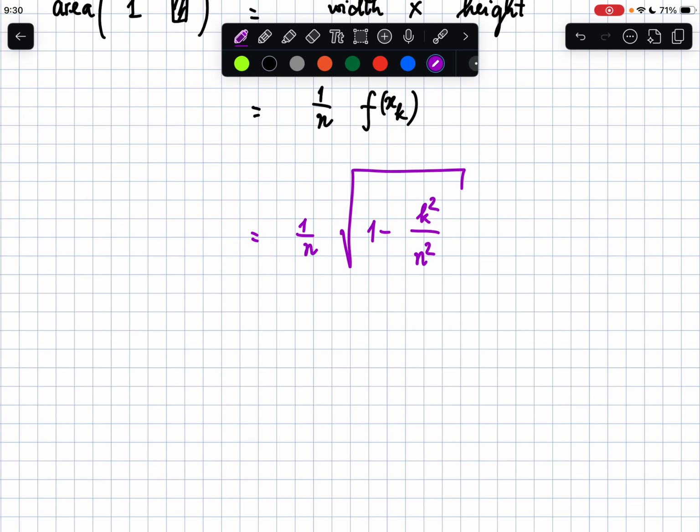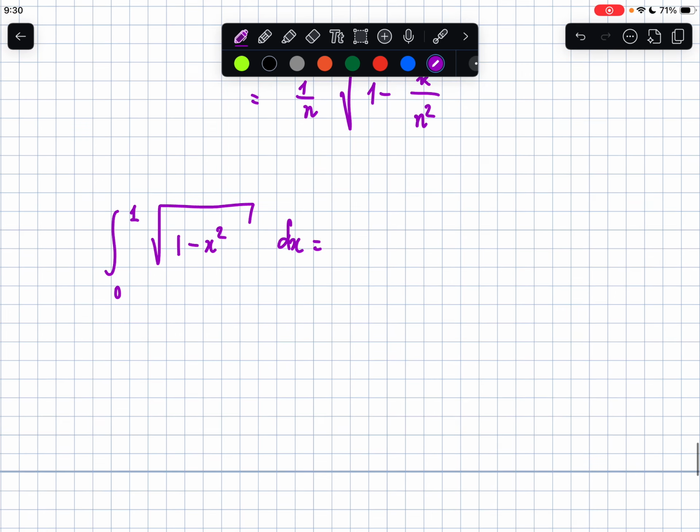And therefore, the integral from 0 to 1 of the square root of 1 minus x squared dx can be written as the limit of the Riemann sum. So, the limit as n tends to infinity of the summation of the area of all the rectangles, with k from 1 to n.